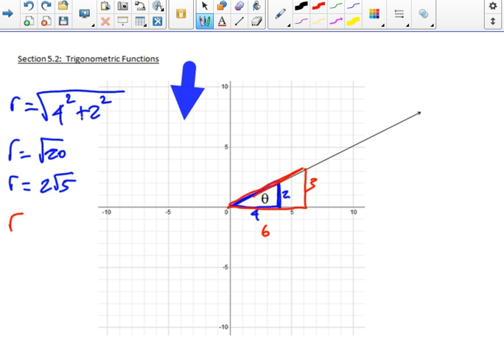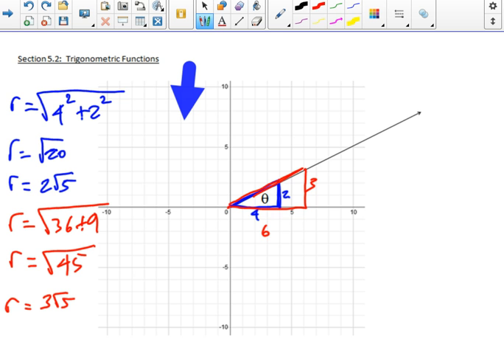Well, the r for the red triangle is going to be the square root of 36, that's 6 squared, plus 9, it's 3 squared. So r is the square root of 45, which is going to be equal to, let's see, what goes into 45? 9 times 5, so I think that's going to be 3 square root of 5.